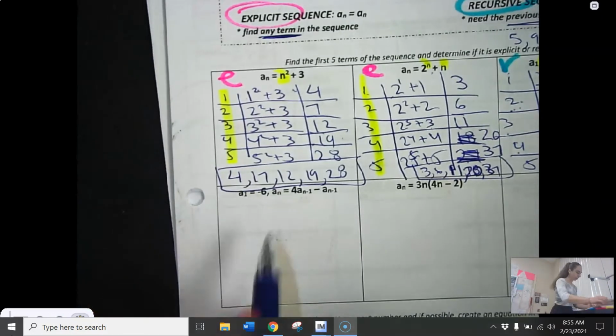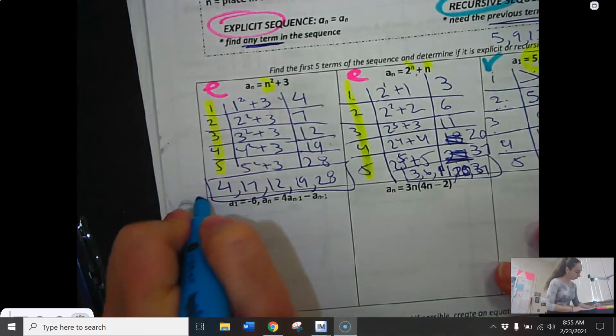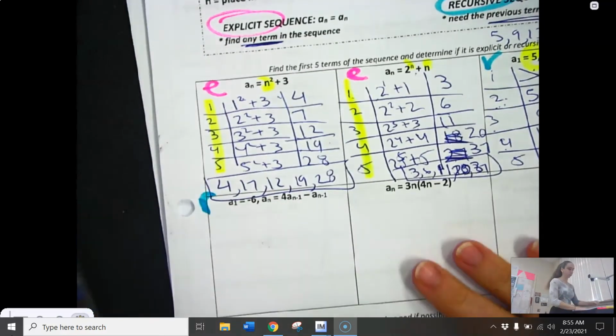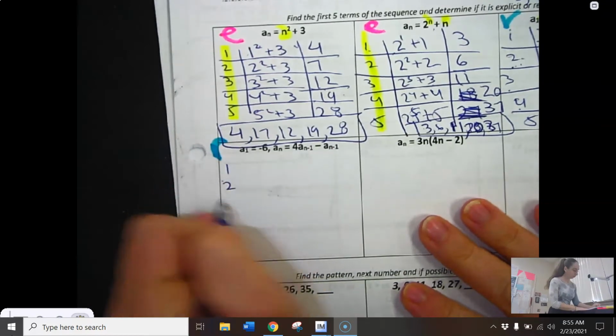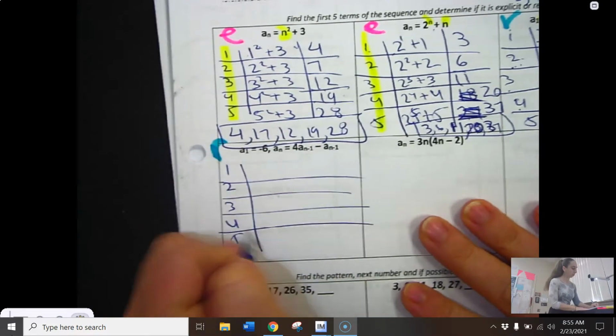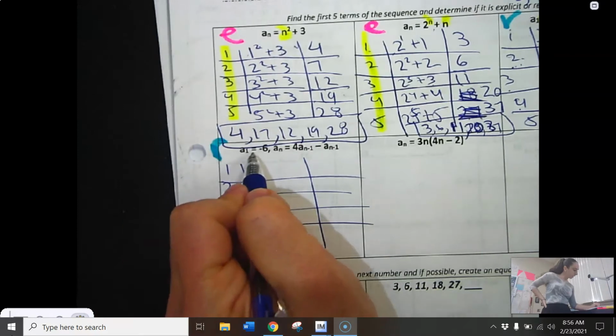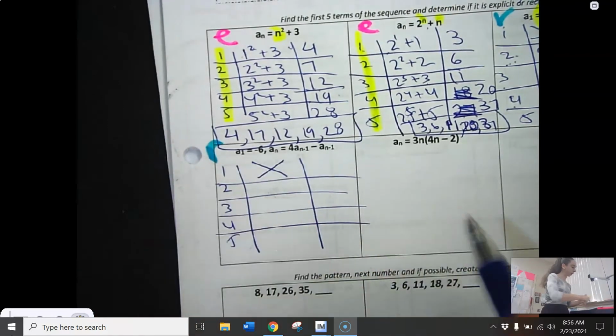In the next problem we see a sub n minus 1, so that means it is a recursive sequence. So I'm going to go 1, 2, 3, 4, 5. You don't have to do it exactly this way, but it keeps it organized for me. It's easy to find the work, and we're good to go. They're saying you don't have to do work for the first one.